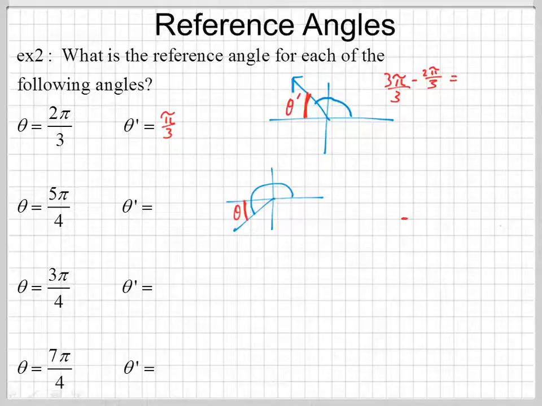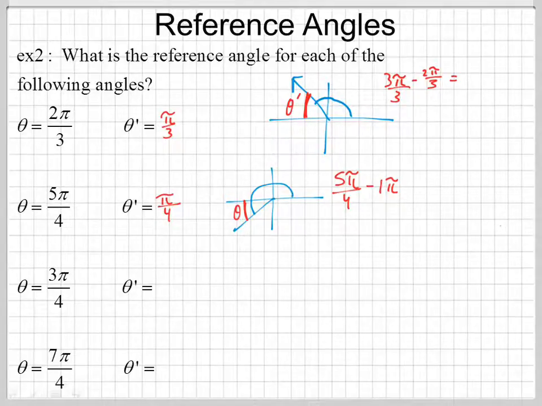Yep, so we'll write pi over 4. We would take 5 pi over 4, and we would subtract 1 pi. Now, before we would subtract 180 because we were using degrees, but this time we're in radians, so we're subtracting pi.